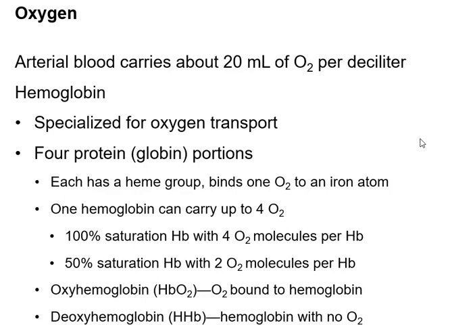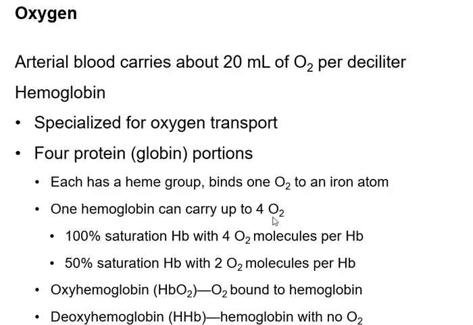I don't know if you guys had chemistry, but oxygen never runs around as a single molecule. You always have two oxygens running around together, which is why you see O2 written this way. So that's a double oxygen. And if you look at hemoglobin, it has 4 hemes, and at the heart of each one of the hemes is an iron molecule, and the oxygen likes to stick to the iron.